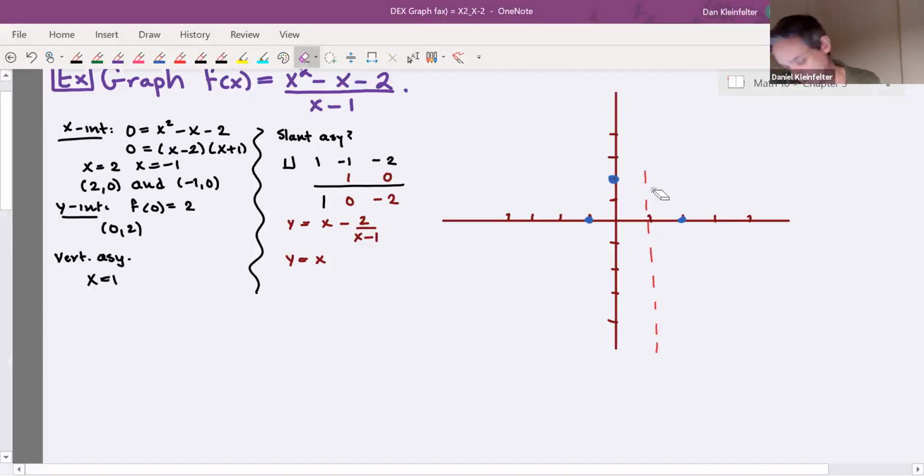Okay, and then we'll need to put on a slant asymptote. Again, I've divided. We ended up this time with just y equals x for our slant asymptote. So that's kind of interesting. It's just a line with slope 1 and y-intercept 0. So this time it passes through the origin.